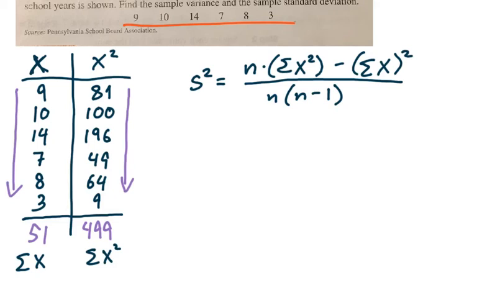So the thing to distinguish here is, if we take all of the values and we add them all up, and then we square that whole thing, that is going to be different than taking the values and squaring them and then adding those results all together.